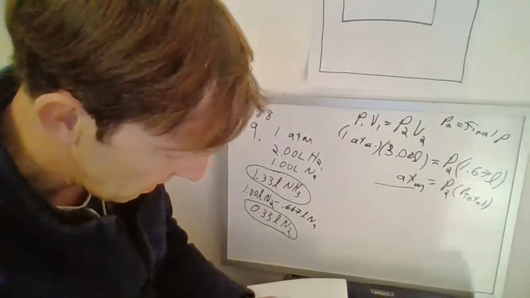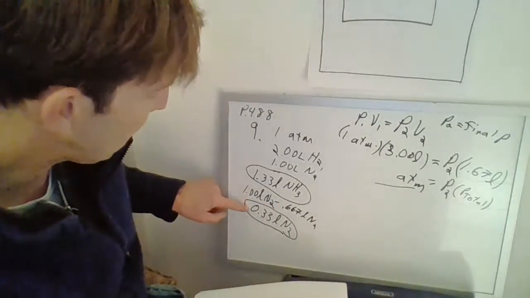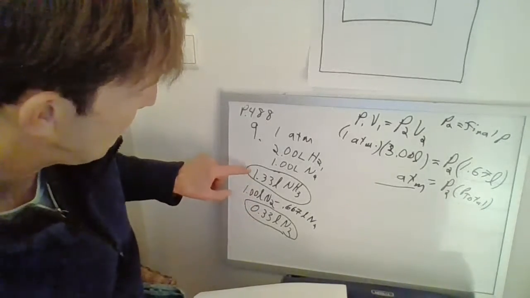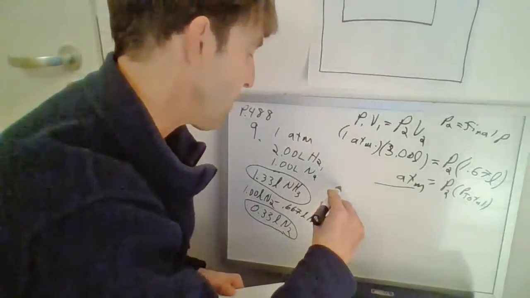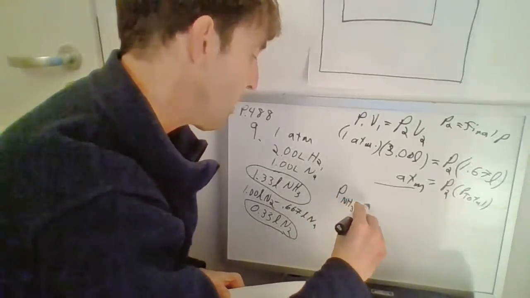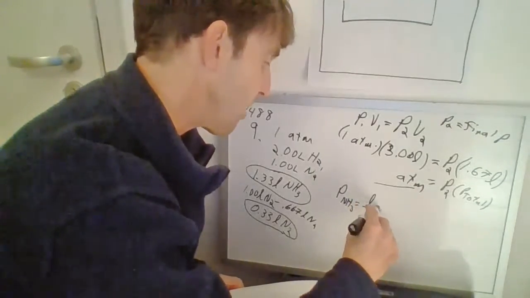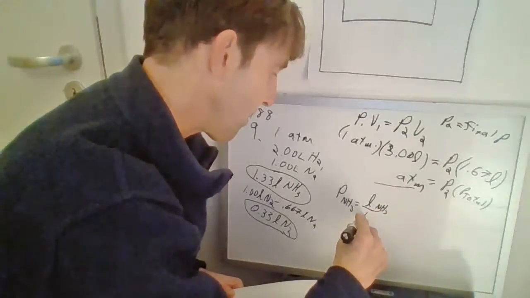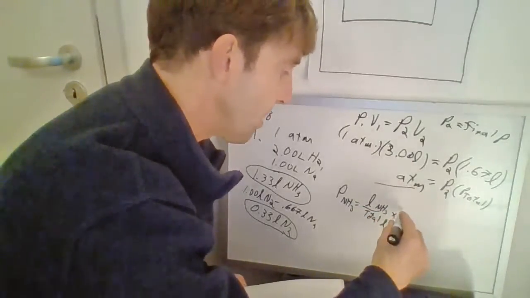Now, the other thing they want is the partial pressure. Well, look back. Hey, look at this. Don't I have this much out of the total? Here, let's just give you a clue. So the partial pressure of NH3 equals essentially the liters of NH3 here divided by the total liters times this P total.